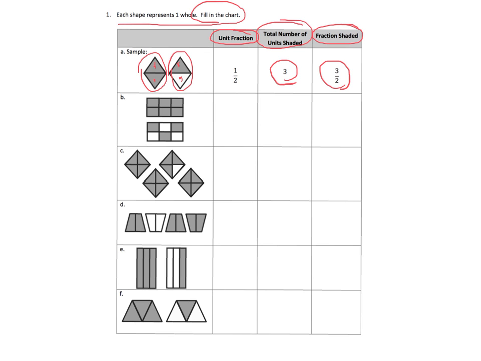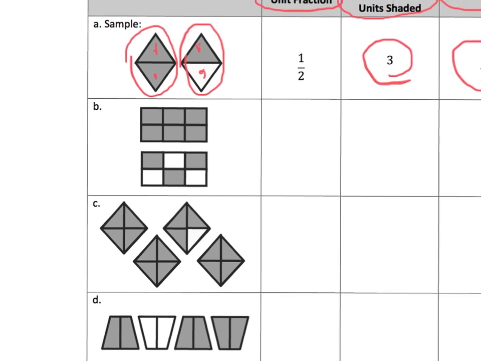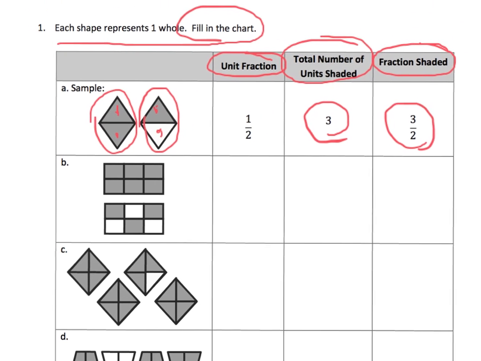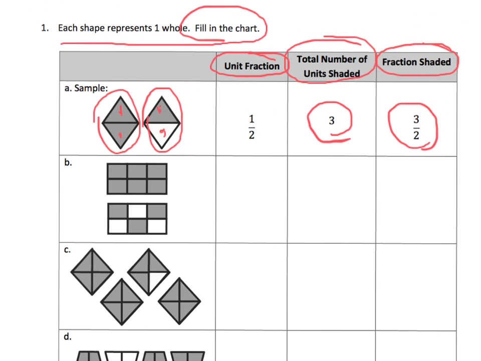All right. So let's take a look, and I guess I can zoom in. Let's zoom in here, and let's take a look at B. So B says, what is the unit fraction? Well, each of these, let's think of these as candy bars.